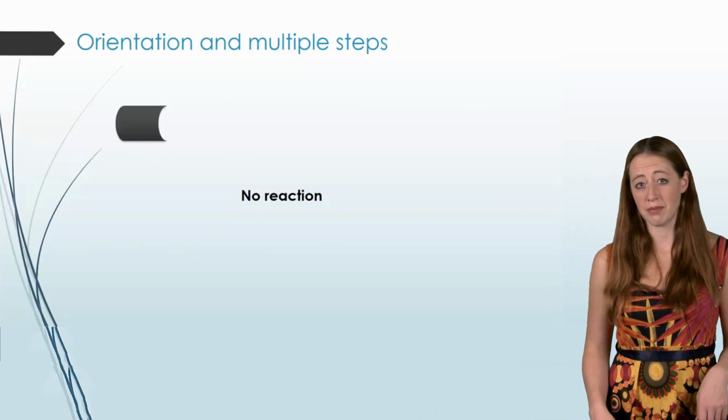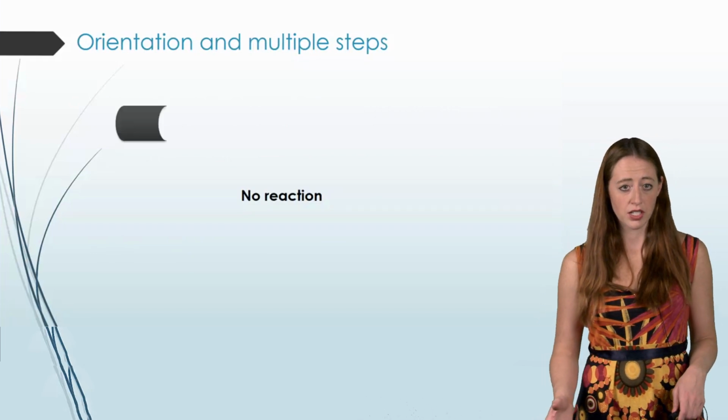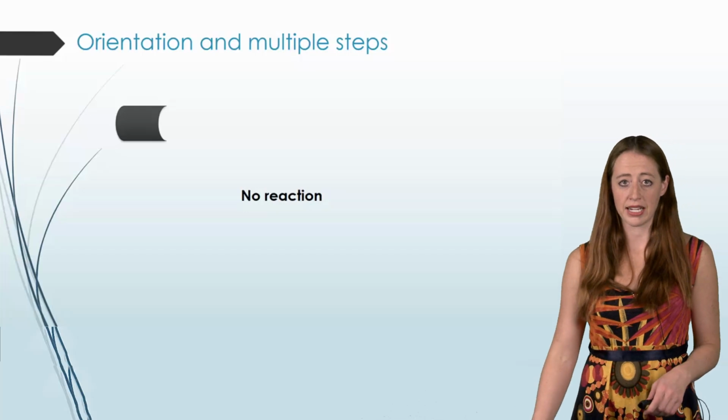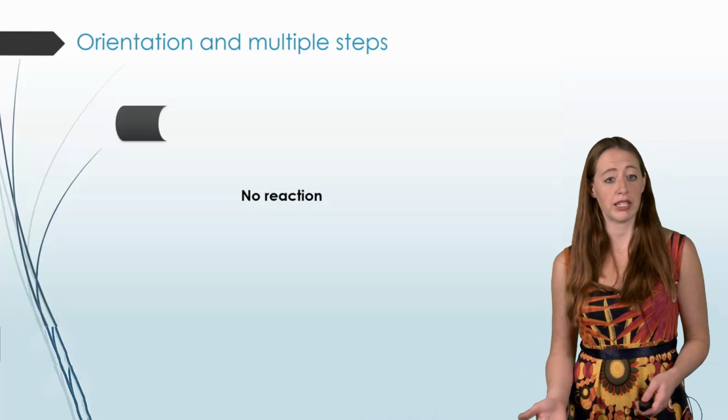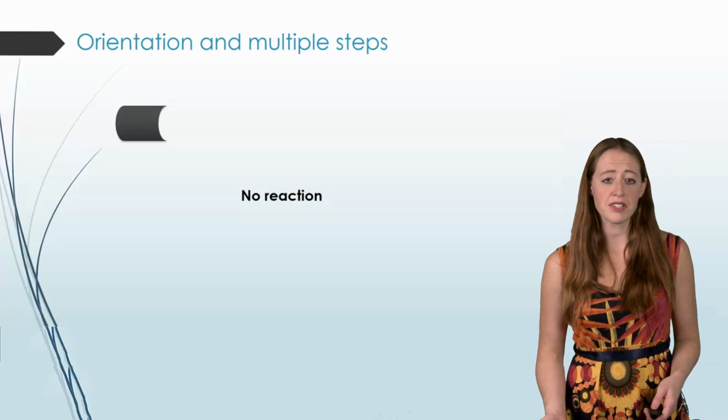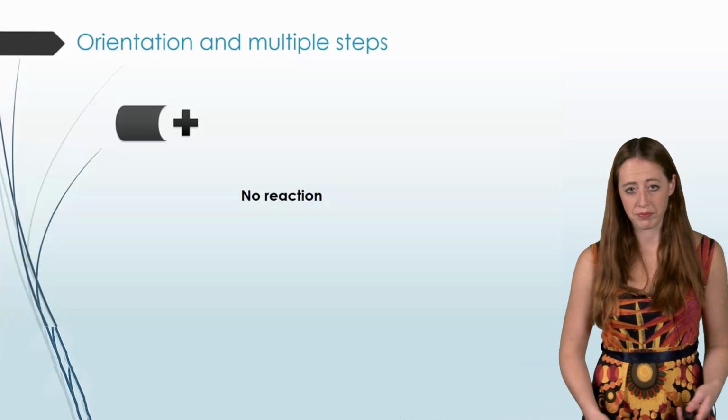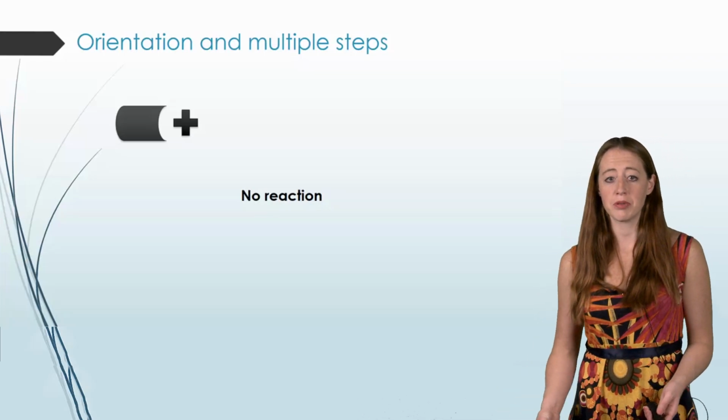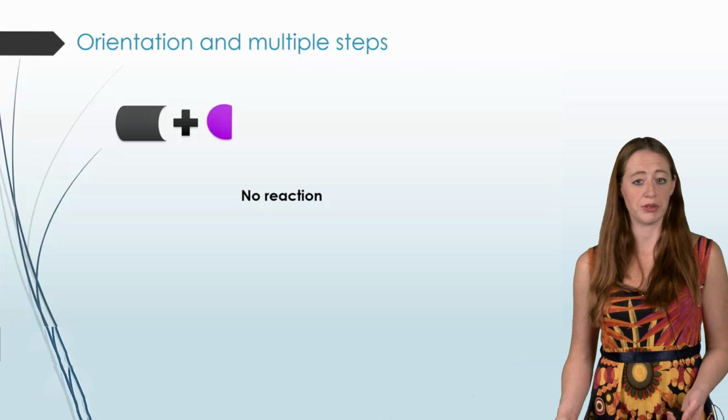So let's first talk about two different reasons why we need to look at the mechanism when we're talking about rate laws. The first is just an issue that comes up in general, not specifically with multiple step reactions, although it comes into play here too.